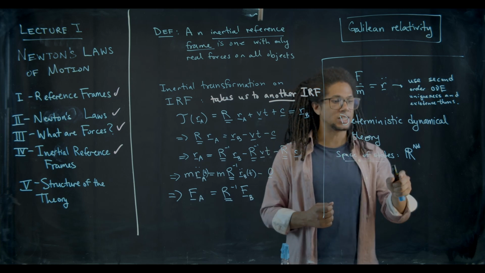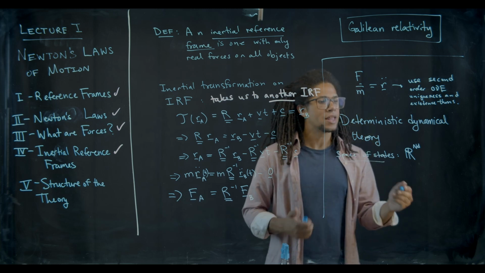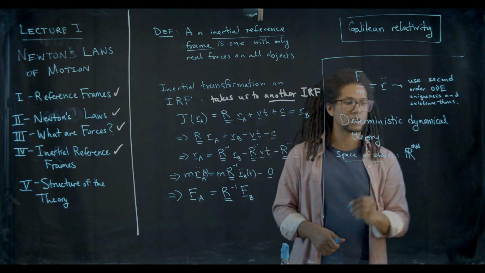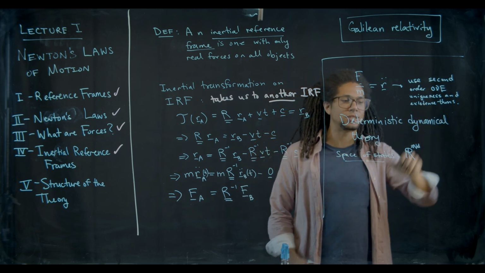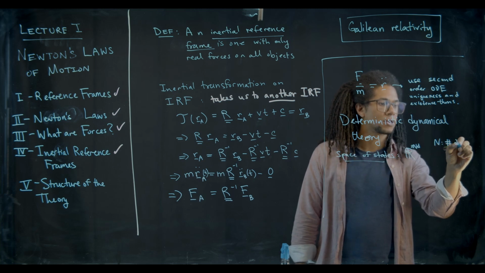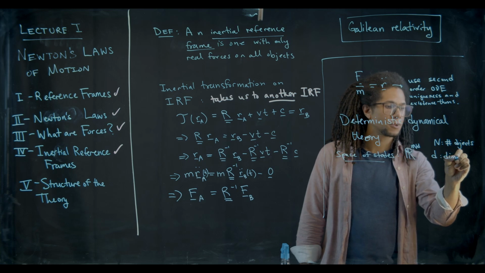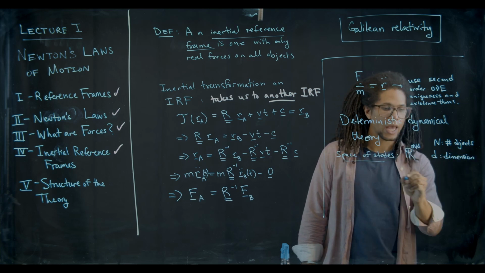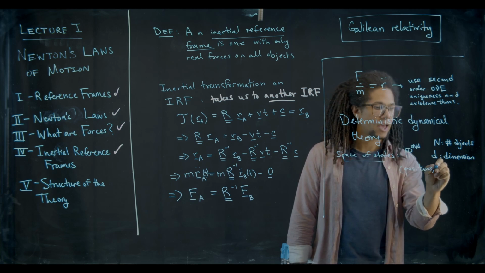So in other words, we need to take this number of vectors and double it. That gives us a single vector, if we want to think about it in that way, in R to the 2 times n times d, where n is the number of objects and d is the dimension. And I'll just put here that what we need is the positions and velocities.